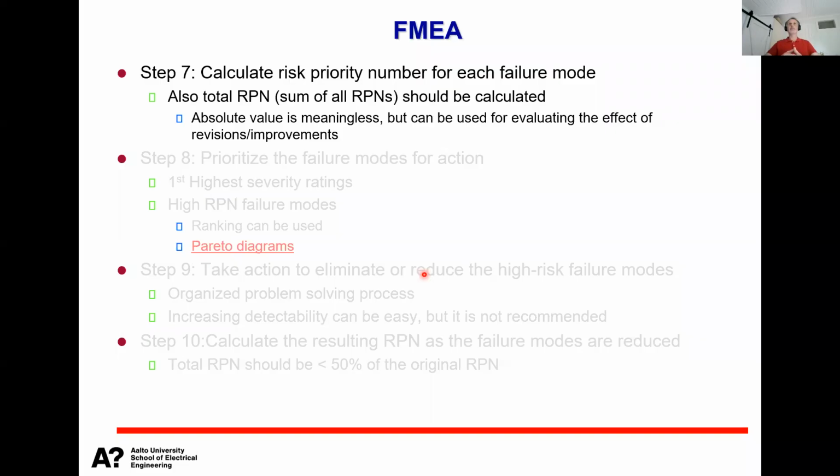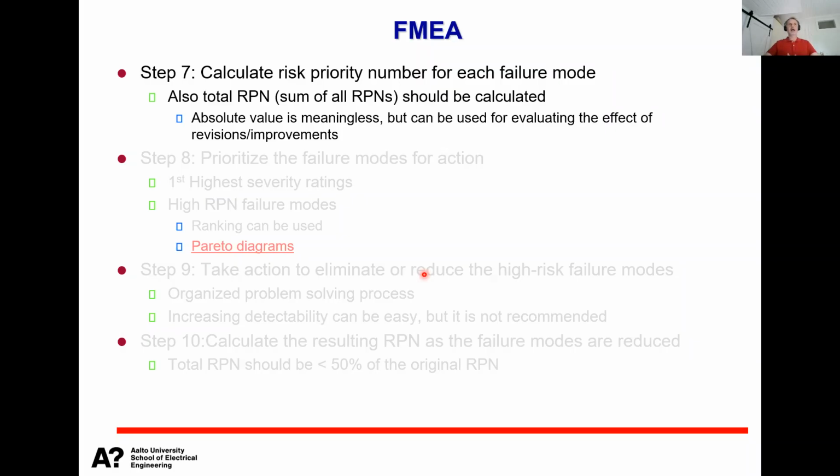So you calculate the risk priority number. Sorry, no, you don't sum up. You multiply those with each other first. So you get a number which is between 1 and 1,000 for each and every failure mechanism, and then you sum up the RPNs to get the total value.